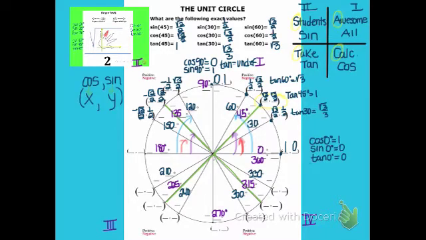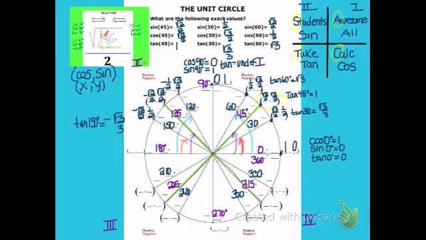So since I said students was in the second quadrant, only sine is positive, so far we see all the sines written, but we haven't written the tangents. So the tangents are also going to be negative. So the tangent of 150 degrees is going to be the same as the tangent of 30 degrees, so it's going to be the square root of 3 over 3, but it's going to have to be negative. So that's the tangent of that angle, 150.